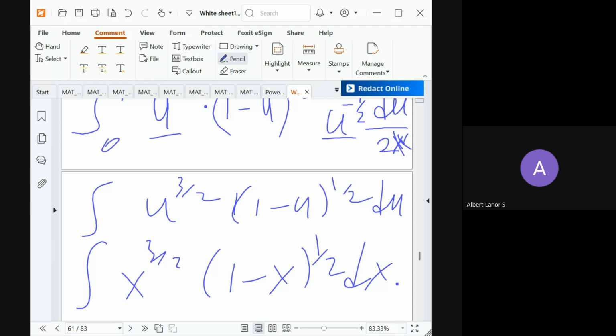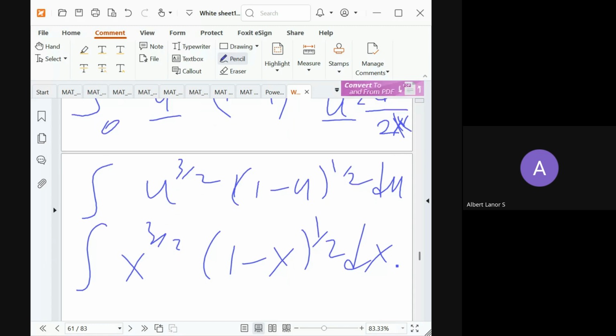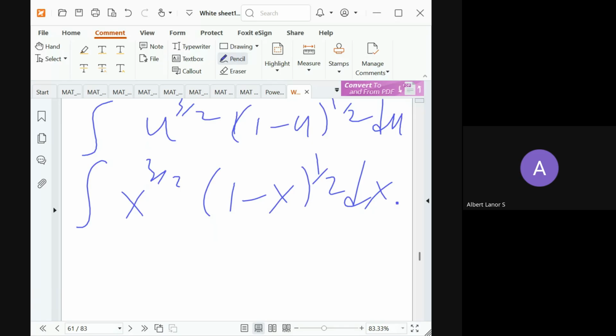Now this is a beta function. What is a beta function? So you have 1 minus half. So this will be beta of 1 half. Then this one will be beta of 1 minus half, so that one will be negative half.